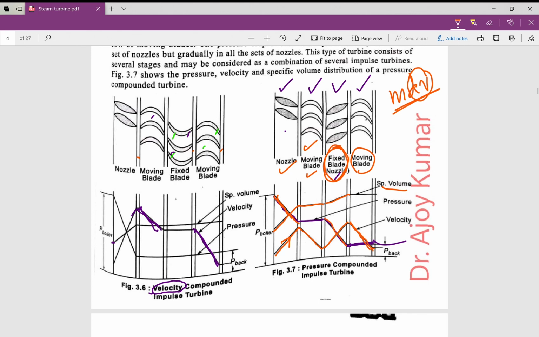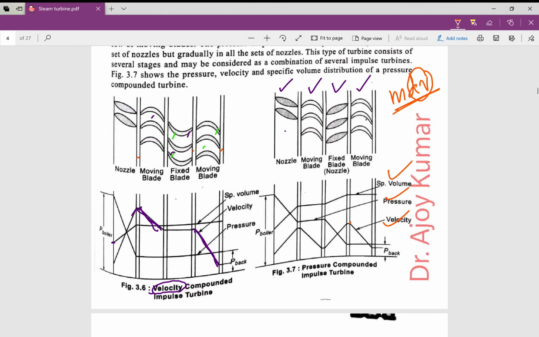Since pressure decreases, volume increases. Again, in the moving blade, constant passage area between two consecutive blades, so volume remains constant. So this is about the variation of all these three properties: volume, pressure, and velocity.